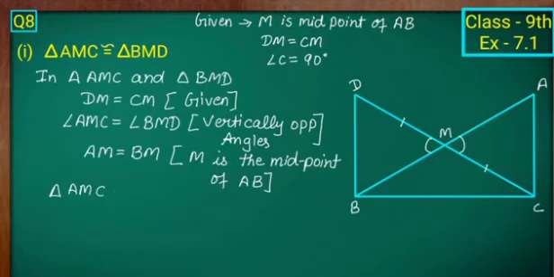So triangle AMC is congruent to triangle BMD by the rule SAS. Just mention that condition near this step. So first part over.